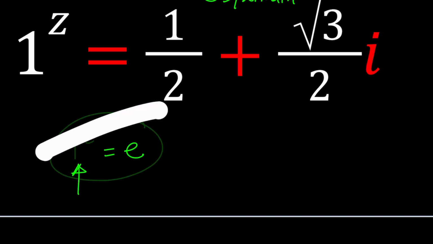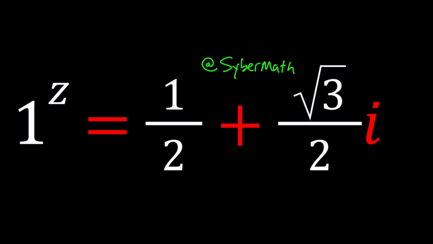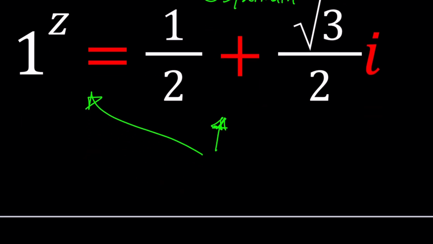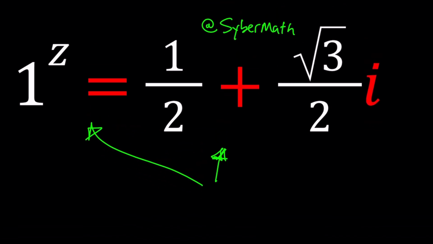Anyways, but from that perspective, this should be okay. Why? Because if you look at the right hand side, you have a complex number whose modulus is 1. What am I talking about? Its absolute value is 1. So I don't see a problem with that. Do you? Let us know if you do. So let's go ahead and just solve this problem and see what happens.